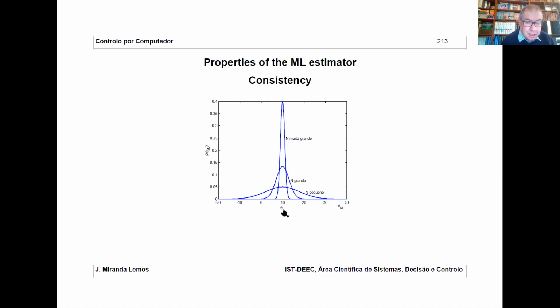So it's centered. It's an unbiased estimate. And when you increase the number of observations, you are squeezing your density around the true theta. So it does not happen that when you go on increasing the number of observations, you get a worse result. So with more observations, you will always improve your result. It can be very little, but you do not degrade your result by increasing the number of observations. And it is centered. So these two properties.